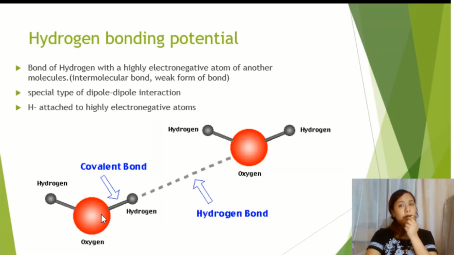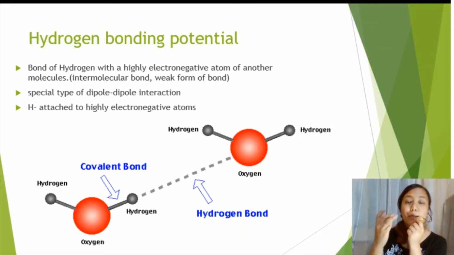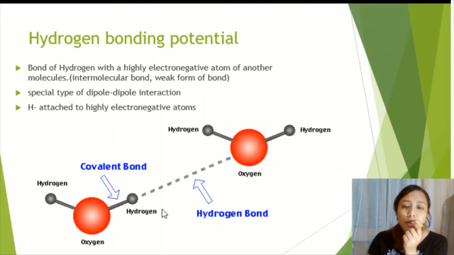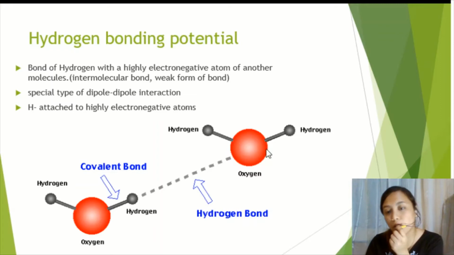So when we talk about covalent bond, it's all about sharing a certain electron. It's not about transfer, but depends on the charge of that certain molecule. So now, when you look at hydrogen going from the first molecule of H2O to the second molecule of your H2O, we have now your hydrogen bond.